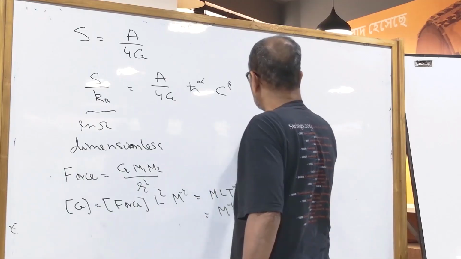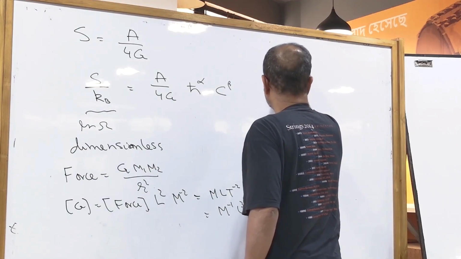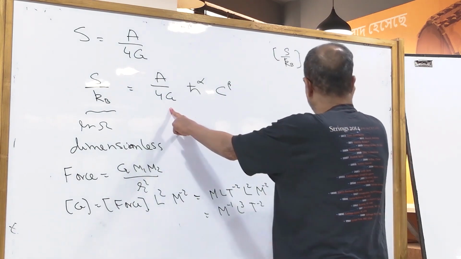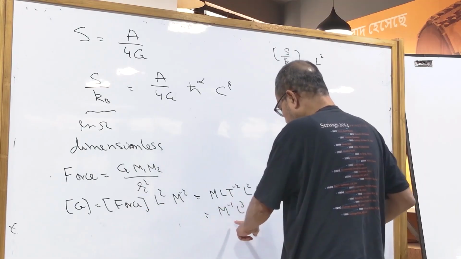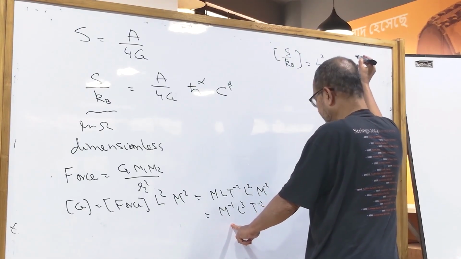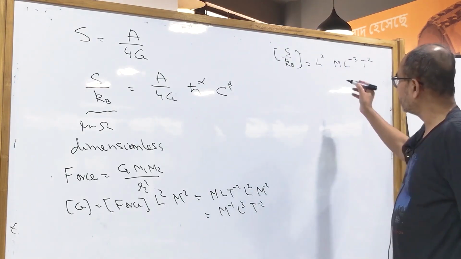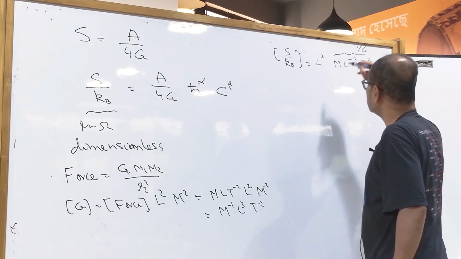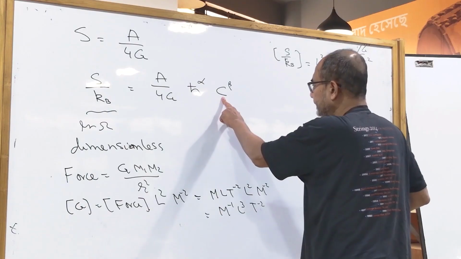So, let's do this then. The dimension of S over KB is A over 4G. So, A has L square, and 1 over G gives you m L to the minus 3 T square. This is coming from 1 over G. And then H bar to the alpha, C to the beta.